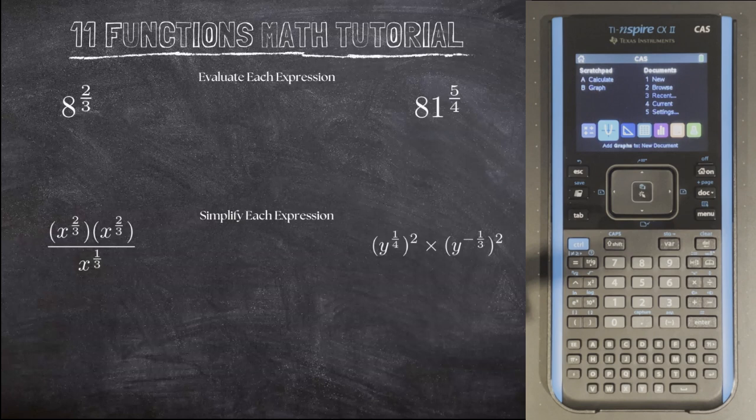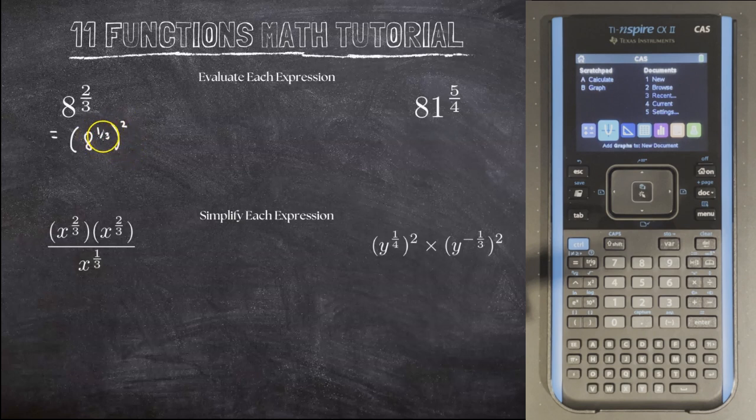All right, so now that we know how these fractional or rational exponents work, let's try to solve these first 2 examples up here without using a calculator. So how are we going to figure out 8 to the 2/3 without using a calculator? Well, first we can break this up into 8 to the 1/3, to the power of 2, right?